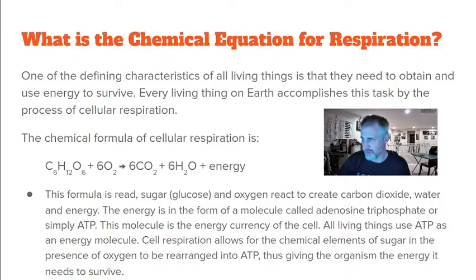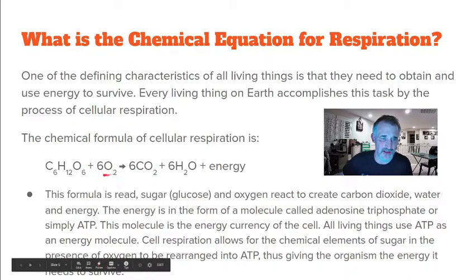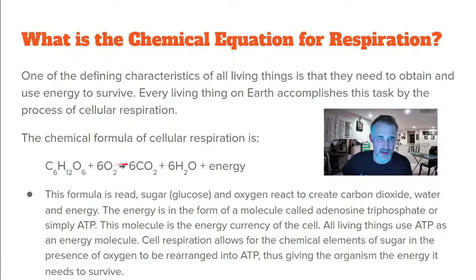Now, there are a few organisms that cut this short and do something called fermentation, but that's a conversation for another time. The chemical formula for cellular respiration is glucose along with 6 molecules of oxygen. Here's your glucose, here's your oxygen, and it makes 6 molecules of carbon dioxide, 6 molecules of water, and energy.